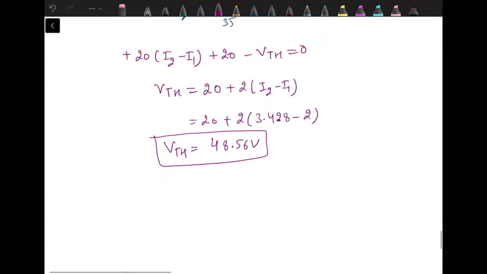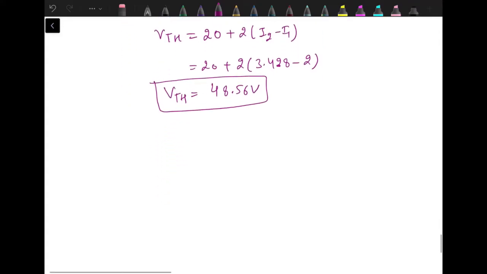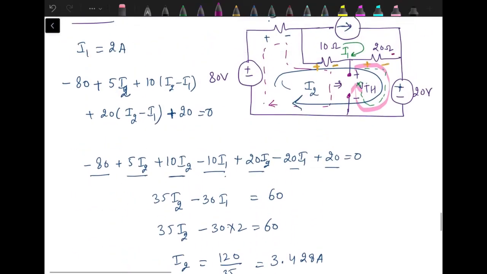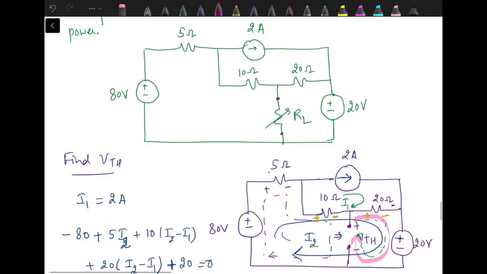So next step is we need to calculate RTH. For calculating RTH, the current source has to be replaced by open circuit.